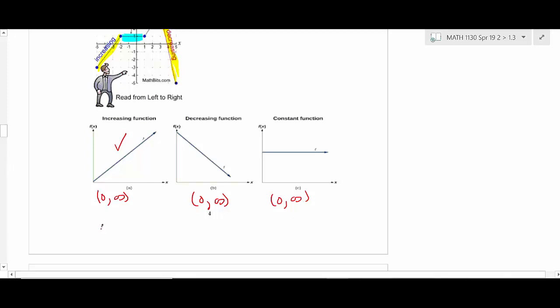Now, textbooks are different, and this is a little bit different textbook than I've used in the past. I usually tell students, because this is the way that most textbooks define this, to use open intervals. So if you find an interval where you're increasing and decreasing, you want to use parentheses on that. I need to double check on your homework, though, because every now and then I see textbooks that have a bracket because of the way they have defined that.